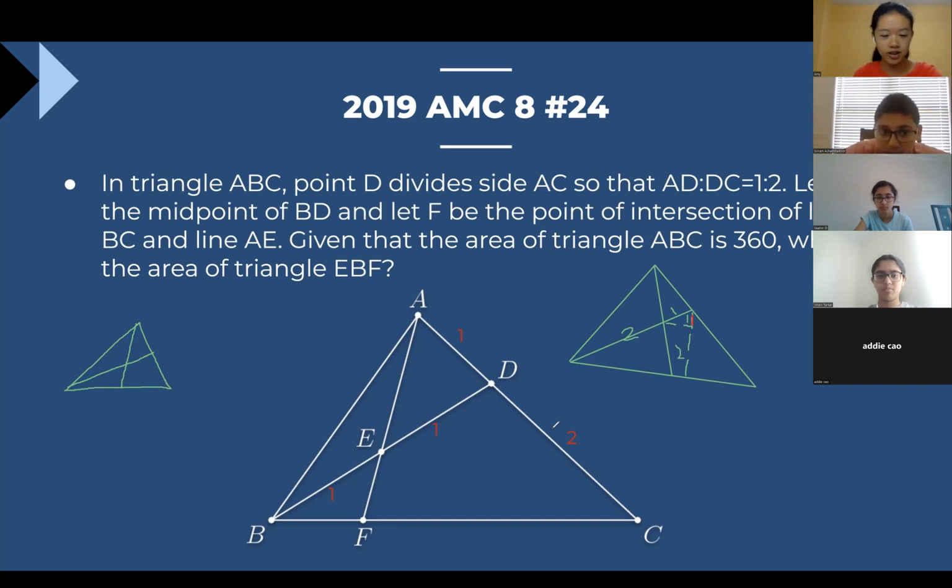I think another way to think about it is if you have a triangle like this and let's say that's the height. Remember that the area of a triangle is 1/2 times base times height.